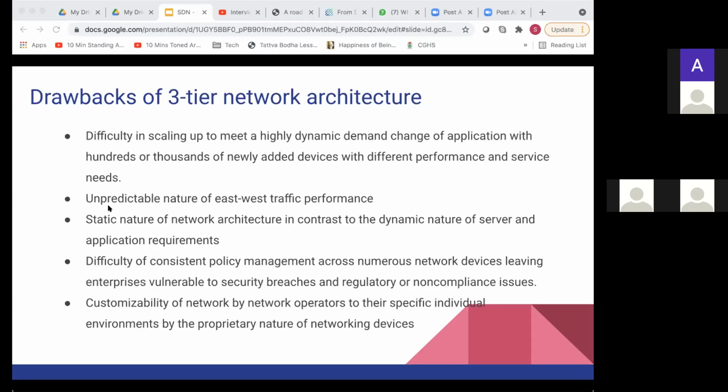So the application itself had the intelligence or understanding of what it needs out of a network. However, this particular architecture did not give the application the flexibility to program the network for its own needs, because general policies were applied from device to device.